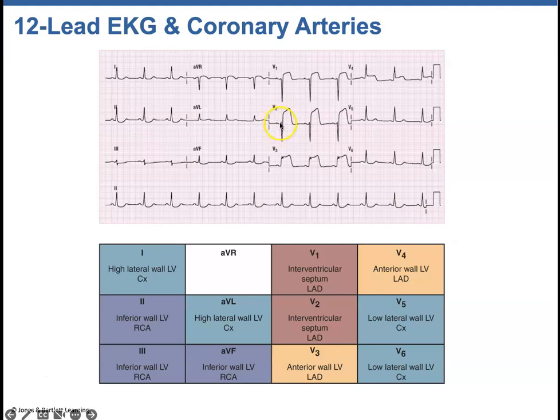The Q looks really weird, right? And the R, okay, and here's our ST. So everything is messed up right here, specifically right here. It looks really bad there. So this right here is a classic ST elevation, or what we call a STEMI.